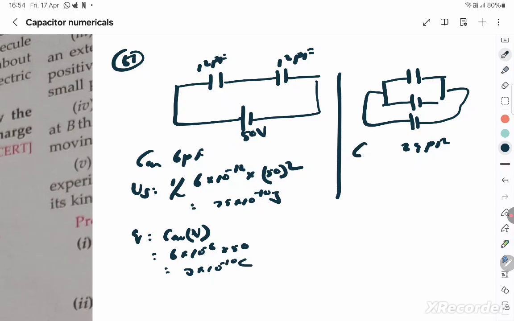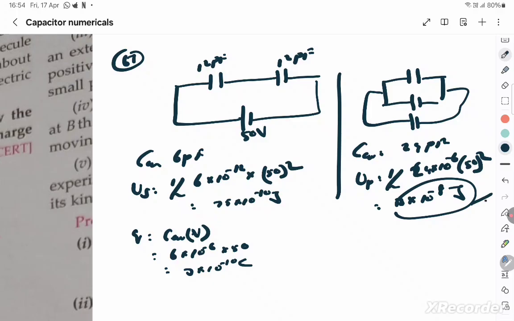Let's take the parallel case. The energy stored in this parallel connection is half CV square. C equivalent is 24 into 10 to the power minus 12, into voltage 50 the whole square. Therefore, you get the energy to be 3 into 10 to the power minus 8 joules. So you understand that when it is connected in parallel, it stores much greater energy, and greater charge also.